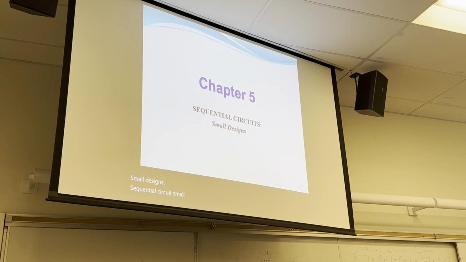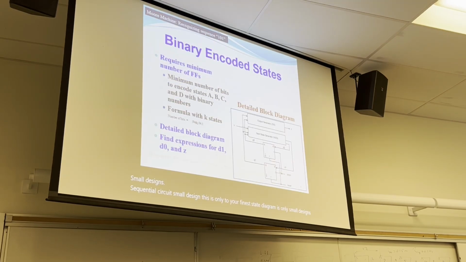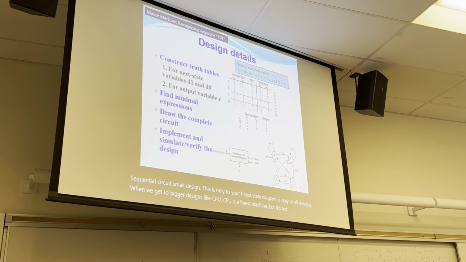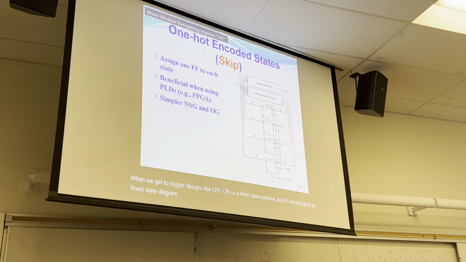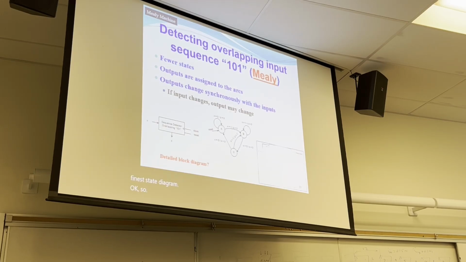Your finite state diagram is only for small designs. When you get to bigger designs, like a CPU, it is a finite state machine, but it's not designed as a finite state diagram. Okay? So things like sensors, something that's not as complex.